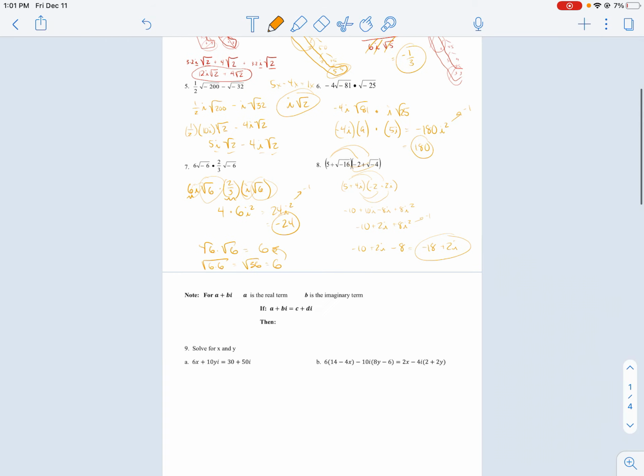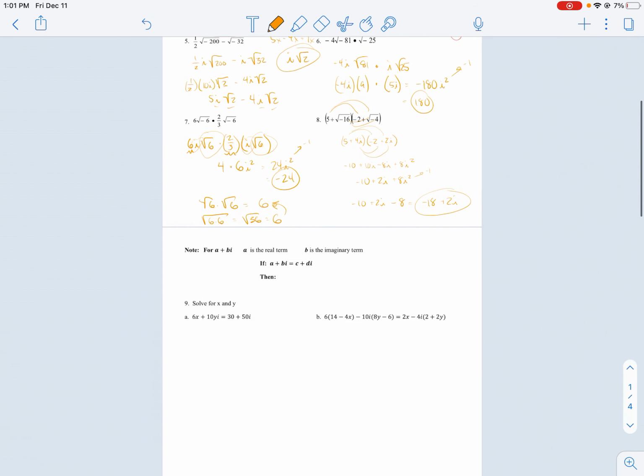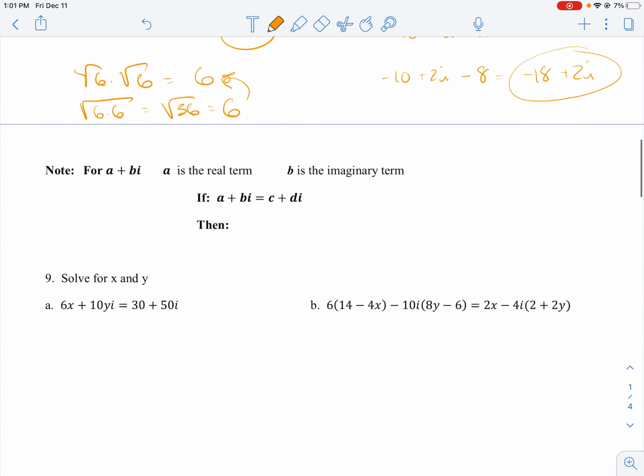Okay. Let's finish these ones up at the bottom here. These last two, and we'll call it a day. So we're trying to find what values make this statement true. In order to do that, we need to set the real parts equal to each other.